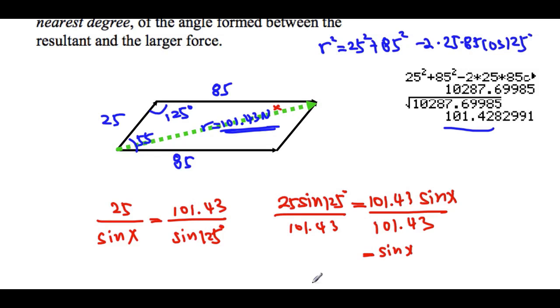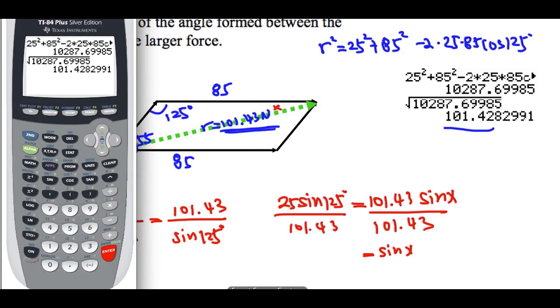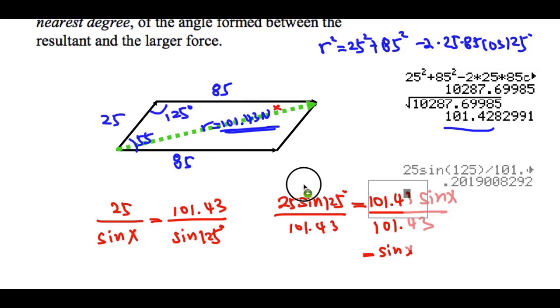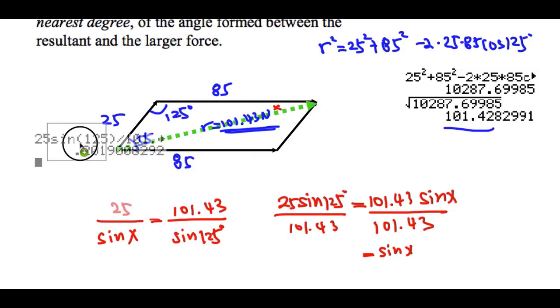Sine of x, what is that equal to? So 25 times sine of 125 divided by 101.43. Let me just put it up here in the corner.